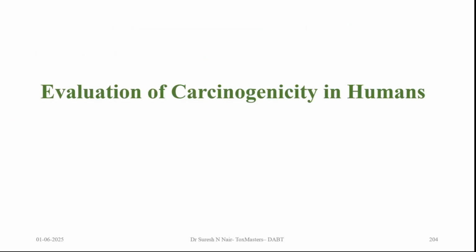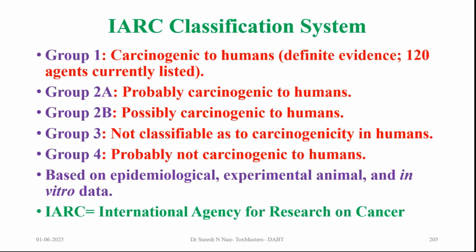Then coming to the evaluation of carcinogenicity, this is very important. This is the IARC classification system, how a chemical is classified according to the IARC class. IARC stands for the International Agency for Research on Cancer. It is given in bits and pieces in the C&D textbook, but I consolidated it into a single one here.